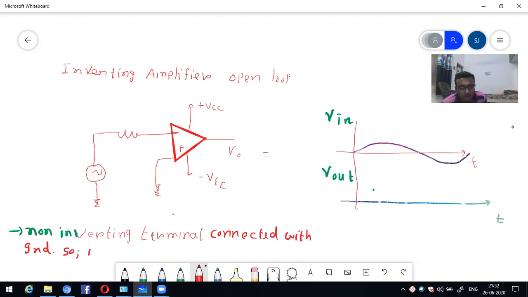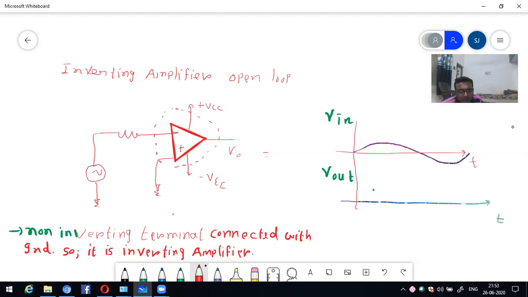So it is an inverting amplifier. It is an inverting amplifier. And this is the symbol of operational amplifier.